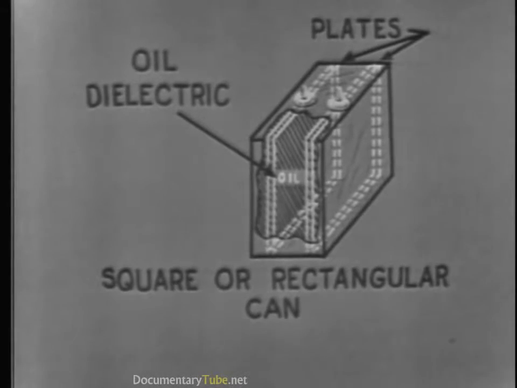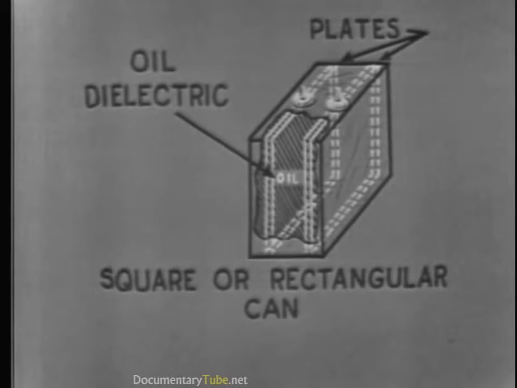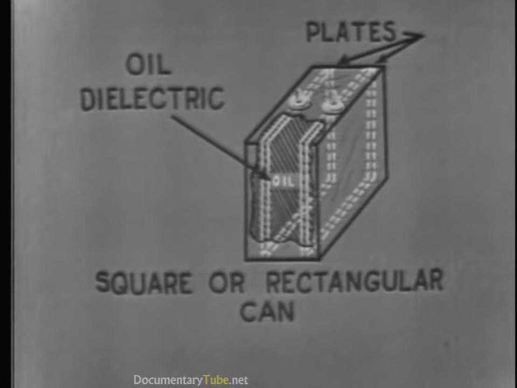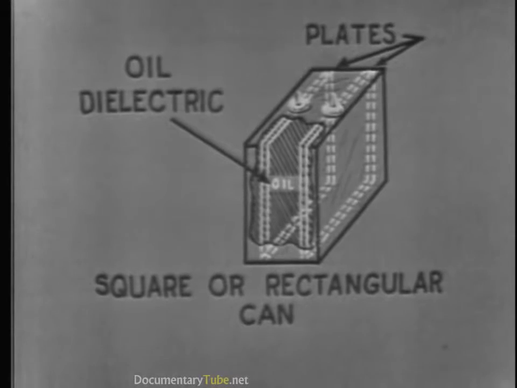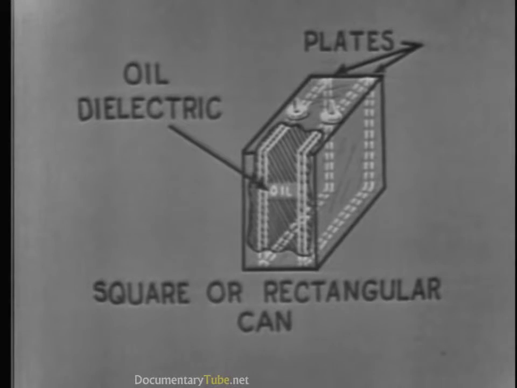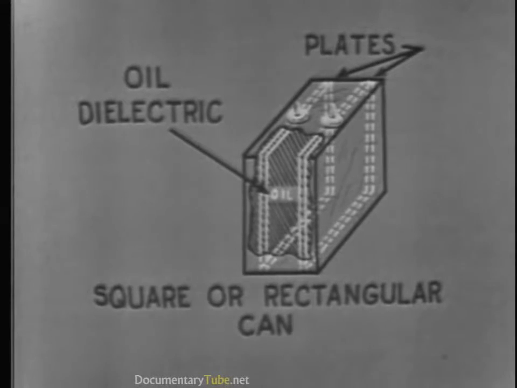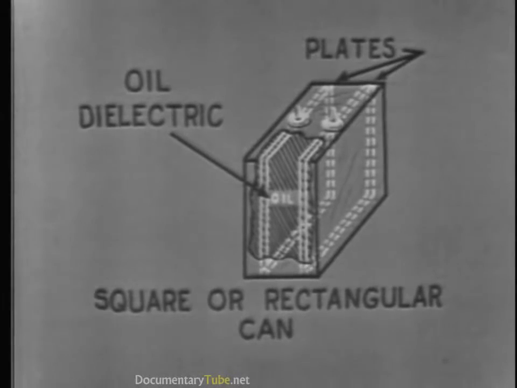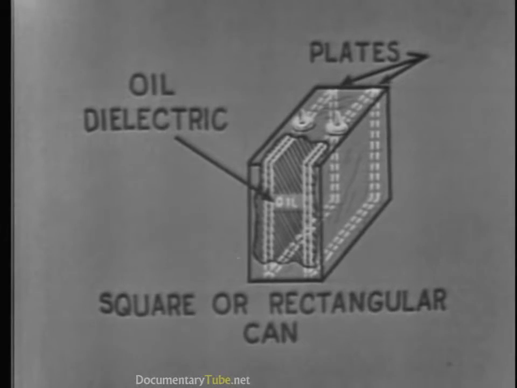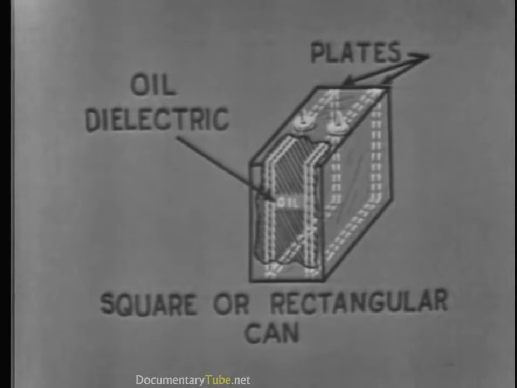That is, it has the same large capacitance and is reasonably small in size, and in addition, it has one very important advantage over the electrolytic capacitor. You'll notice that there are no polarity markings on the can. It is not polarized and can be used in both DC and AC circuits.